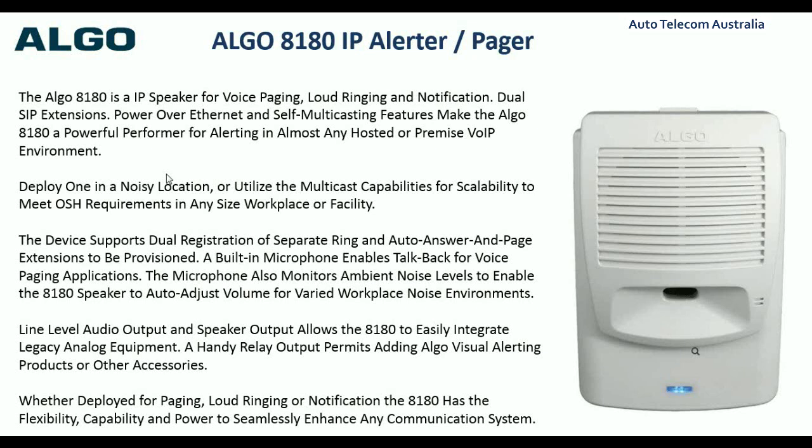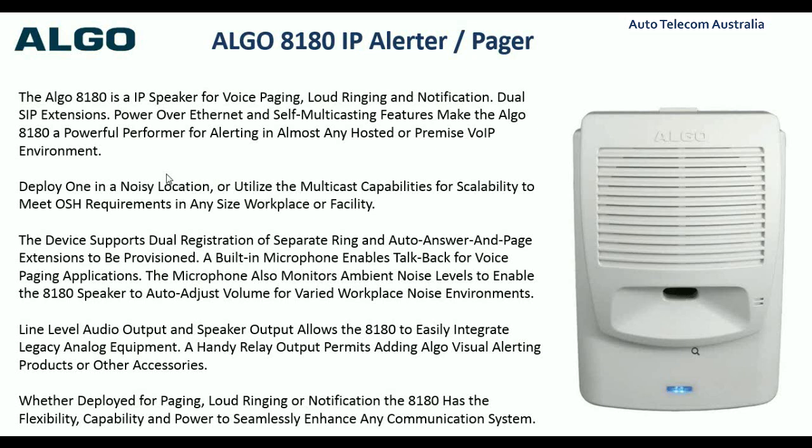Now, the advantage of this is that you can use the 8180 in the most basic format, in what we've just talked about, but we can also start using it in more complex solutions for a customer. For example, we can have up to 7 paging groups on the 8180, called multicast, or paging groups as we used to know them. We can dial them individually through different master units and have additional slave units.